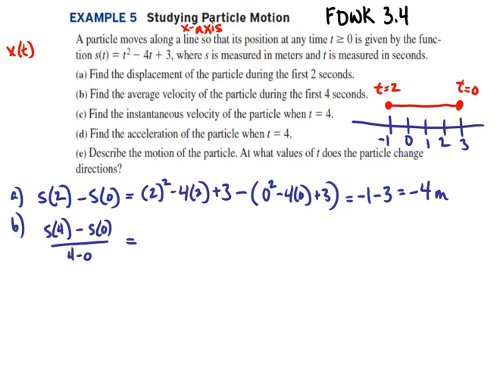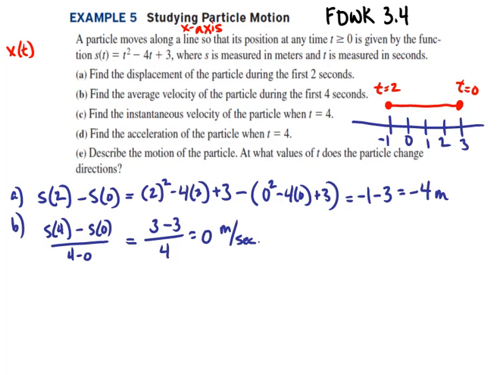I won't go through all the calculations this time, but s of 4 is just 3, and s of 0 is also 3. Since the particle started at position 3 at time t equals 0, and ended up at position 3 when t equals 4, the average velocity over the first 4 seconds is just 0 meters per second. There was no displacement.